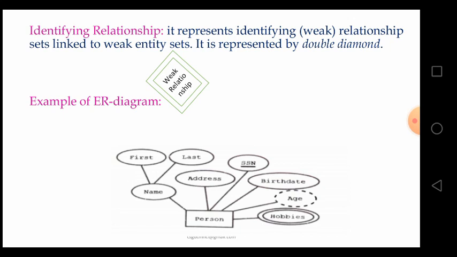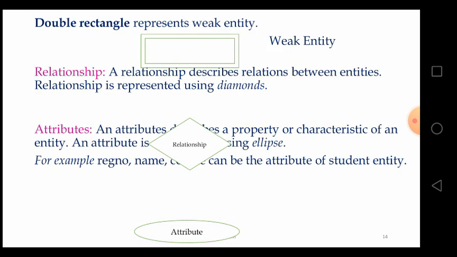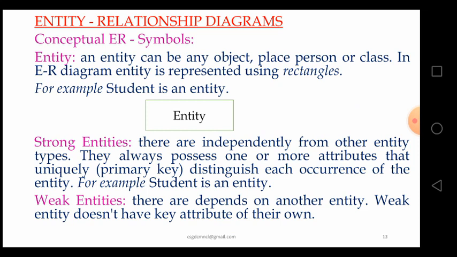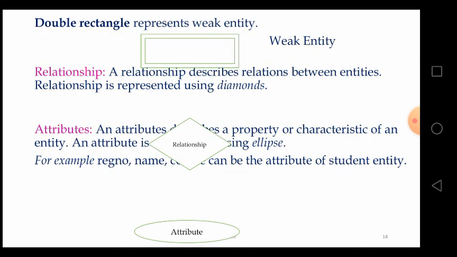Once again I repeat, entities are represented as rectangles. Next, strong entity means independent of another entity. Weak entity means it depends on another entity. A double rectangle is used for a weak entity.